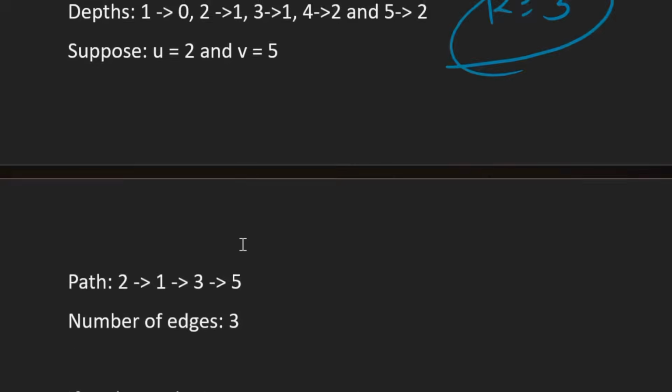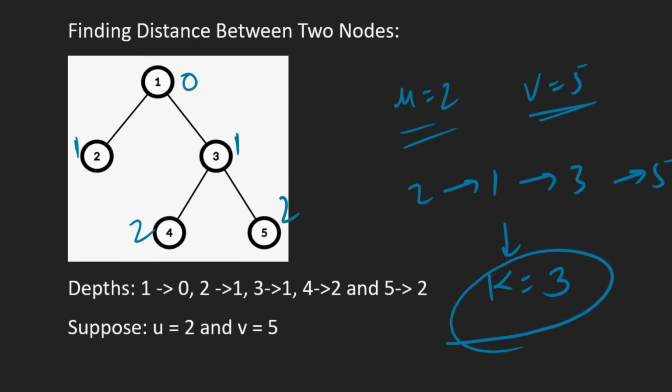So if we know the lowest common ancestor, which is the lowest common ancestor of 2 and 5? 1 is the lowest common ancestor of 2 and 5. And we know the depth of 2 is 1, depth of 5 is 2, and depth of 1 is 0.